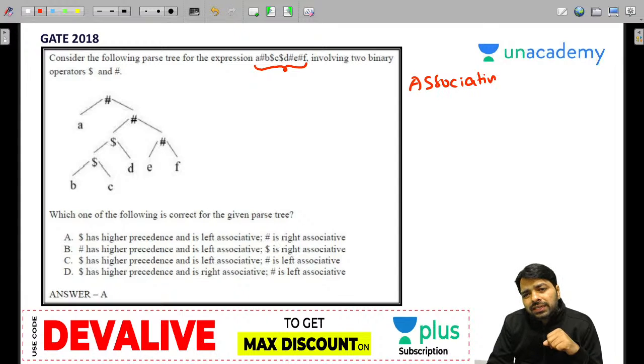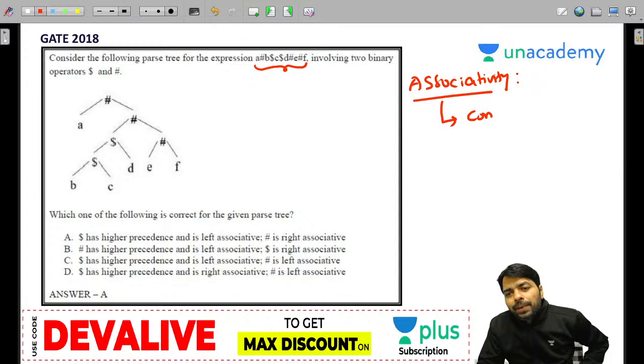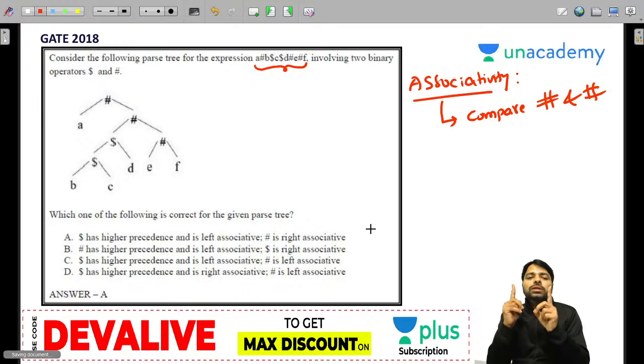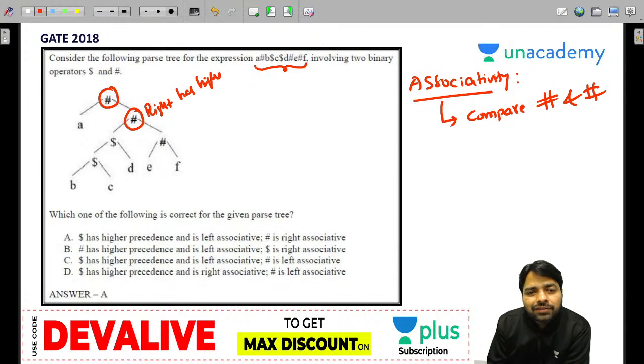First look at associativity, so compare like this, compare here ash and ash, that's all. You have to look at the two ash, and when you are looking at these two ash, the right should be first. Right has highest, because without right the left cannot happen. Are you clear?